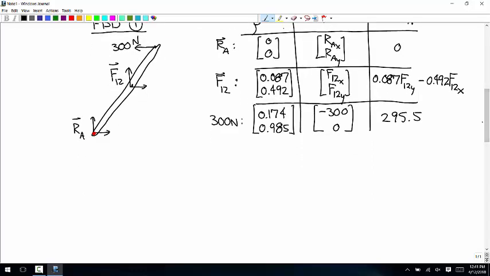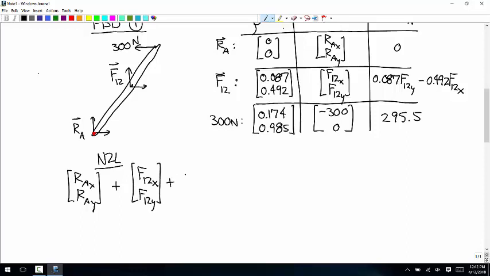And then Newton's laws. RAX, RAY plus F12X, F12Y plus negative 300, 0 is equal to zeros.